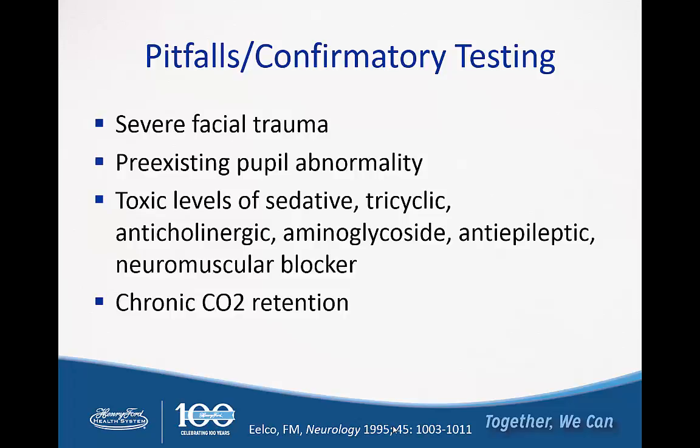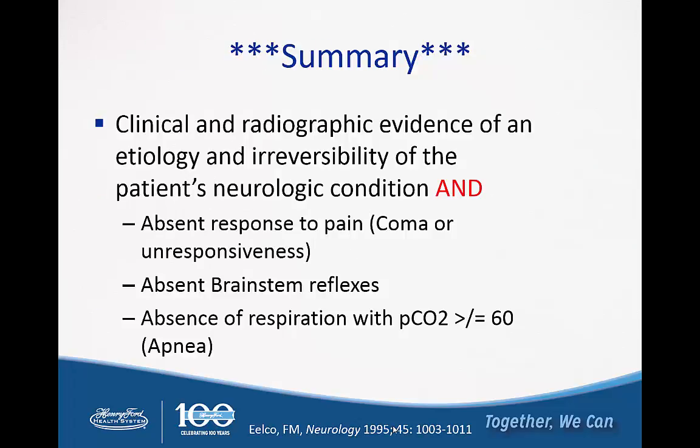And then chronic CO2 retention, and that's sort of relative. In some circumstances you can still do an apnea test, it depends on how bad that is. And so, in summary, this is a repeat of my earlier slide with the asterisk.